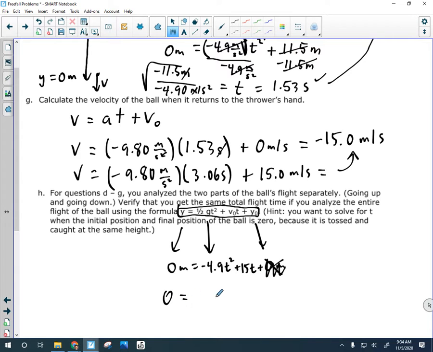I could factor out a t from this term and this term. So going back to your basic algebra, right? If I factor out a t from the first term, it's going to be negative 4.9t. I've got to factor out a t from 15t.